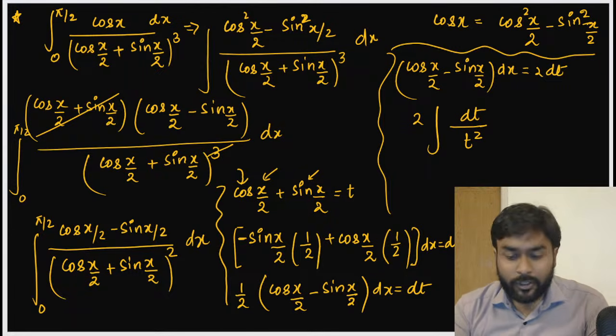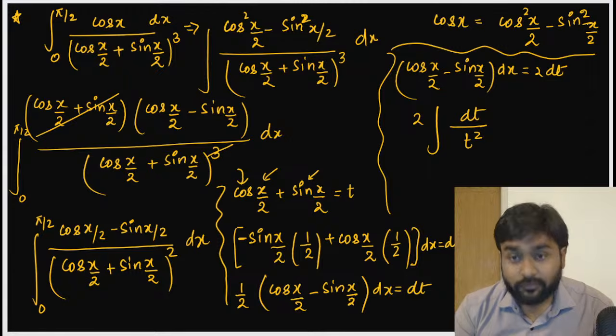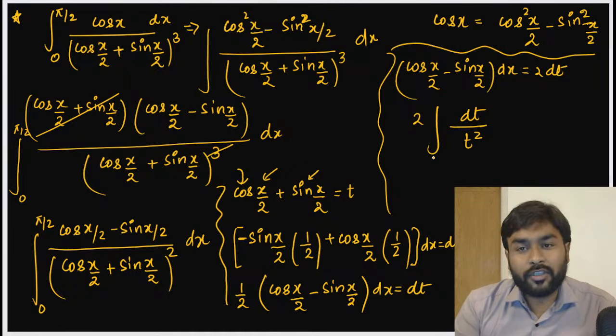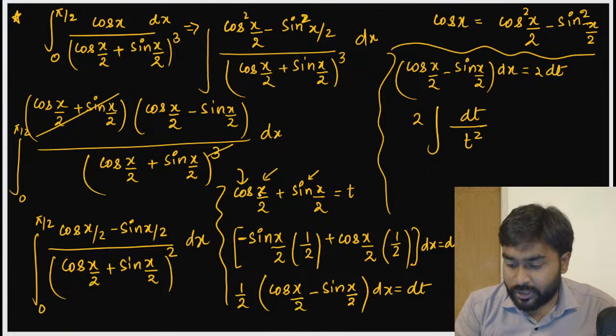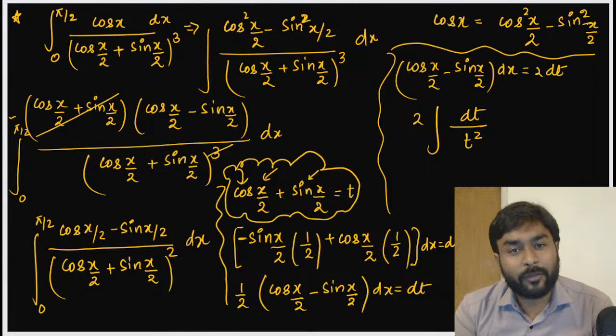We have to change the limit also. Okay, so this limit we have to change here. How will you change it? In this, you have to write one by one. First, we will write pi by 2.